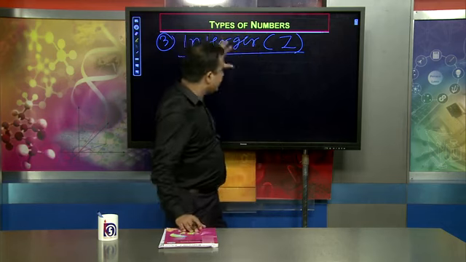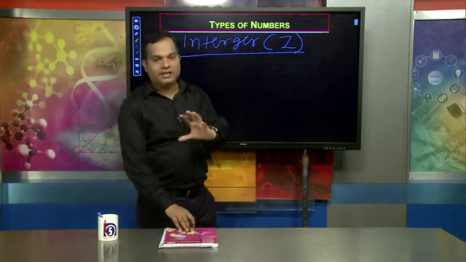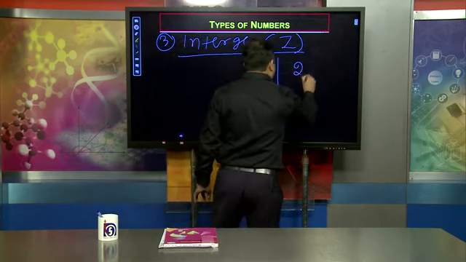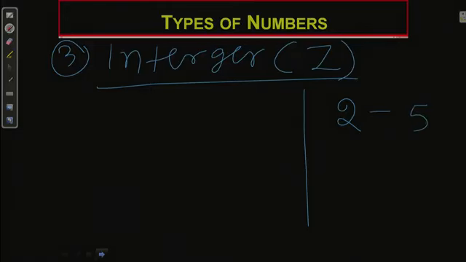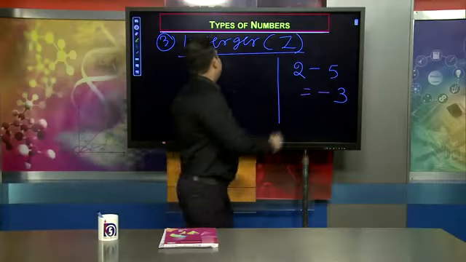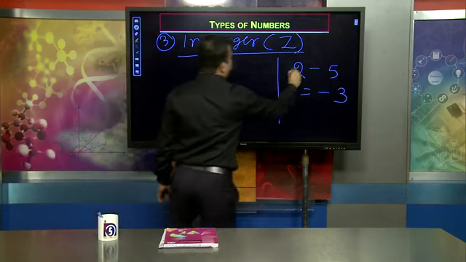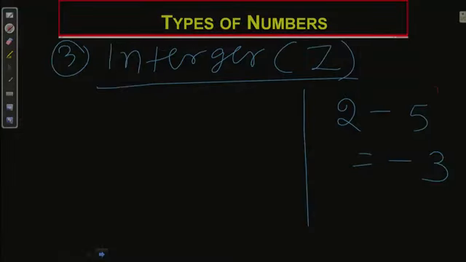The concept of integers is raised when a greater number is subtracted from a smaller one. Suppose 2 minus 5, that means I will get minus 3. Here 5 is more than 2. So when a greater number is subtracted from a smaller number, we get a negative number.